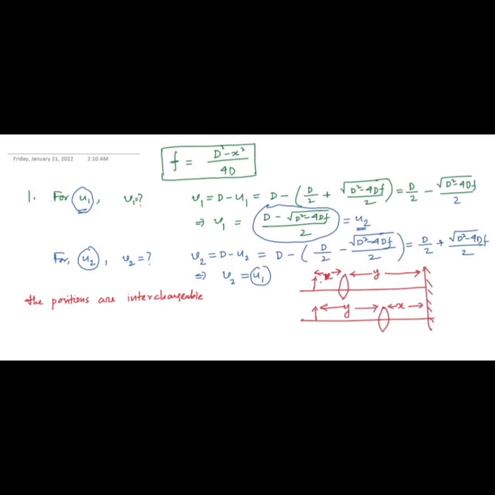Things will be interchanged. For u1 as object distance, the image distance was u2, and when u2 is the object distance, u1 is the image distance. So here we can conclude that the positions are interchangeable.